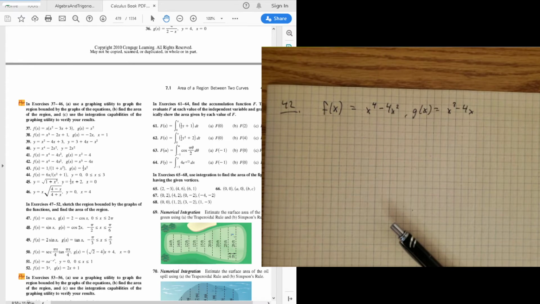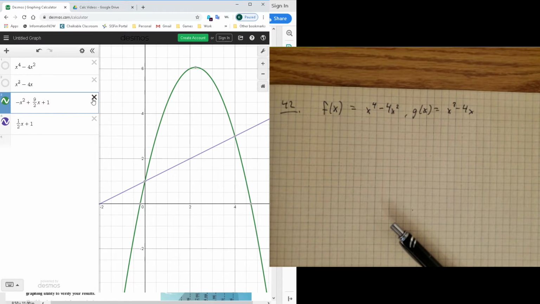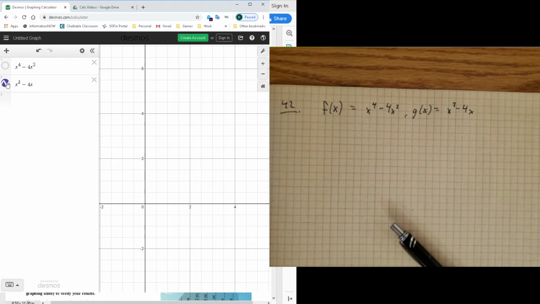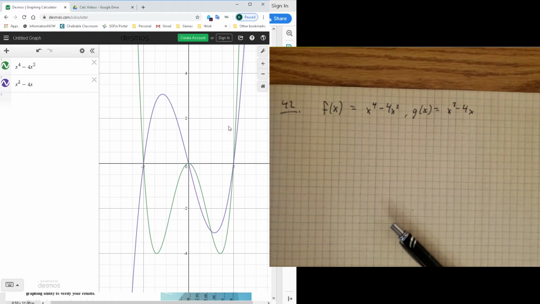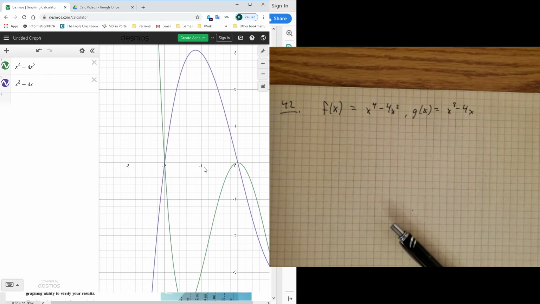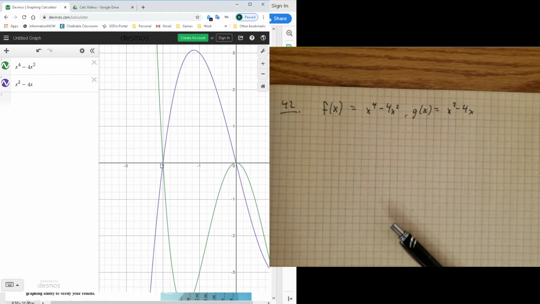Well, I thankfully already have my graph made. So let's look at these two. Okay, so what's the problem? Well, you notice that there are actually 3 unique bounded regions. There's this first bounded region between -2 and 0, where the purple one is on top and the green one is on bottom.